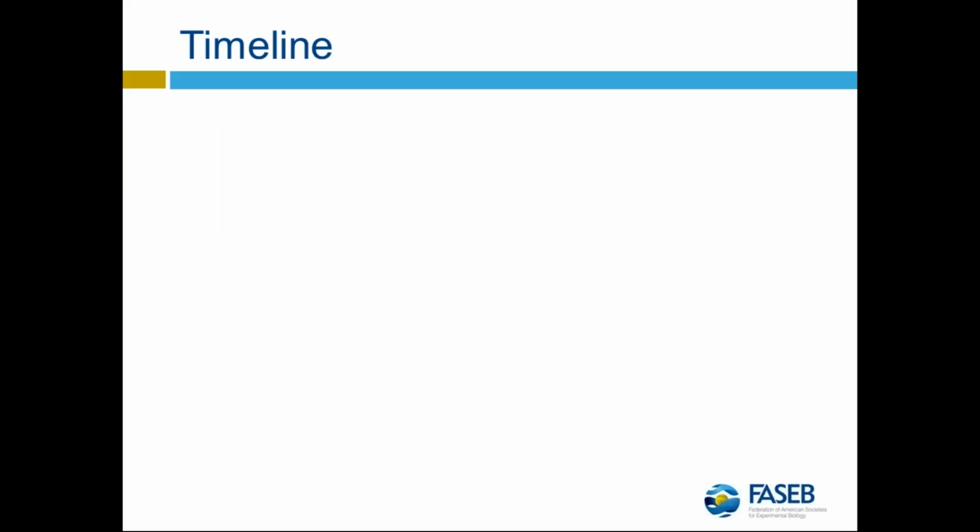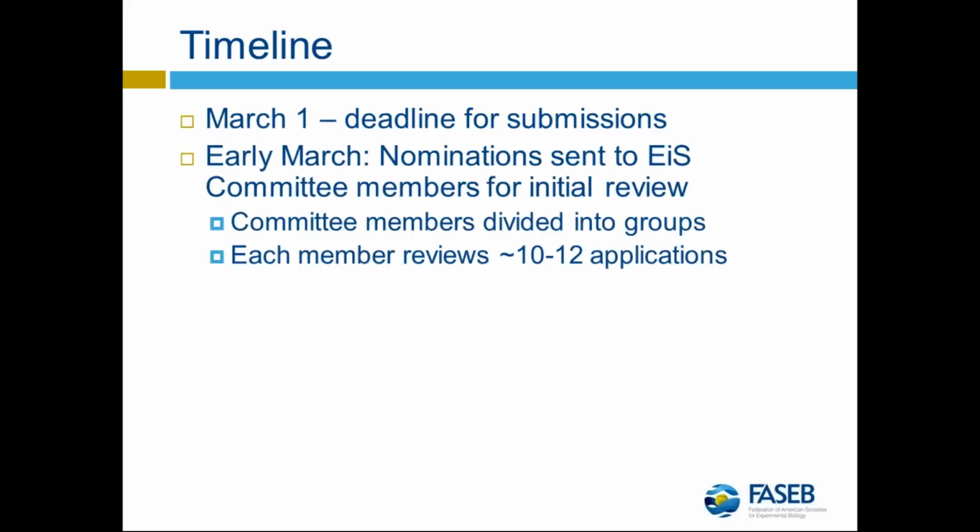So in terms of the timeline for the award, March 1 is the deadline for submissions. As I stated previously, this is a hard deadline. That is because in early March, the nominations will be sent to the Excellence in Science committee members for their initial review. The committee members will be divided into groups, with each member reviewing approximately 10 to 12 applications, depending on how many applications we receive, and they do initial triage.